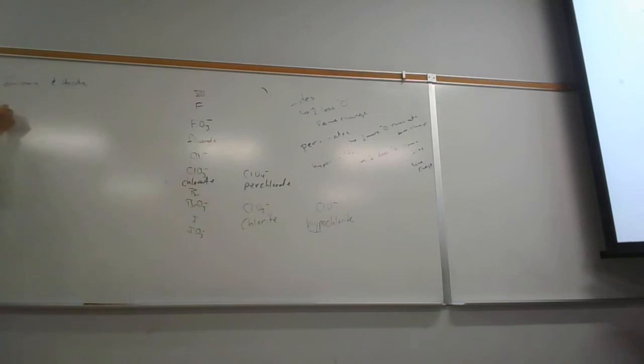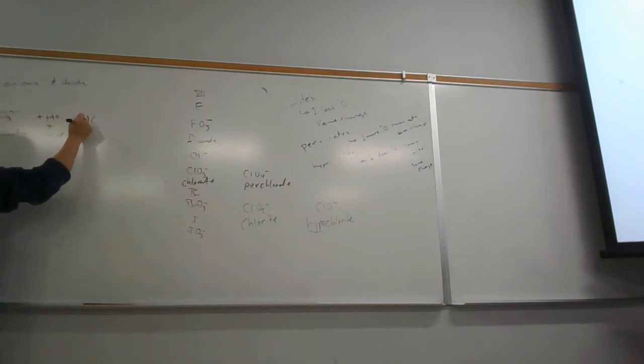So if I have carbonate, CO3 2 minus, and I add an H plus to it, H plus is called acid, then I'll form the acid anion, HCO3 minus. This is an acid anion. It's an acid because it begins with the H, and it's an anion because it has a negative charge.